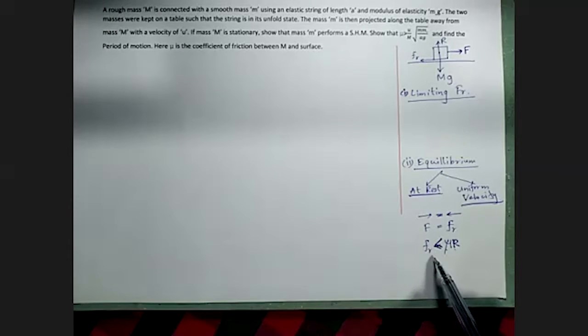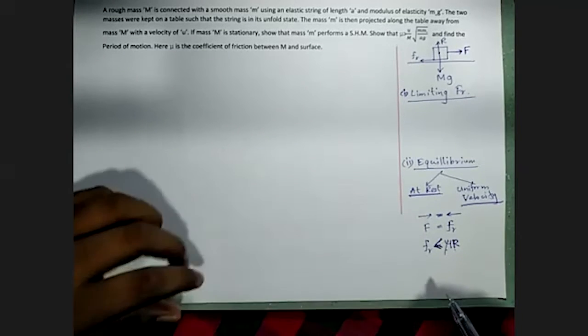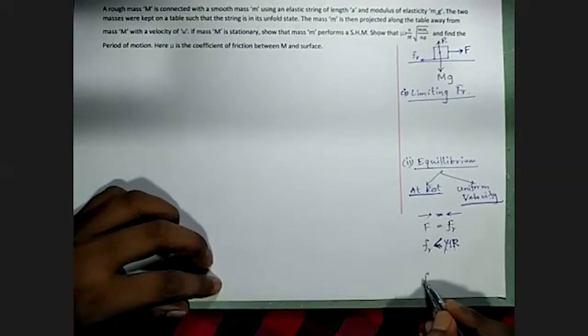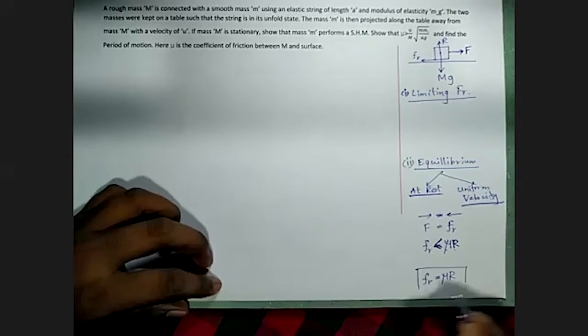Frictional force is less than or equal to mu R. This mu R product maximizes at limiting friction. Friction is equivalent to mu R. That is the general case.